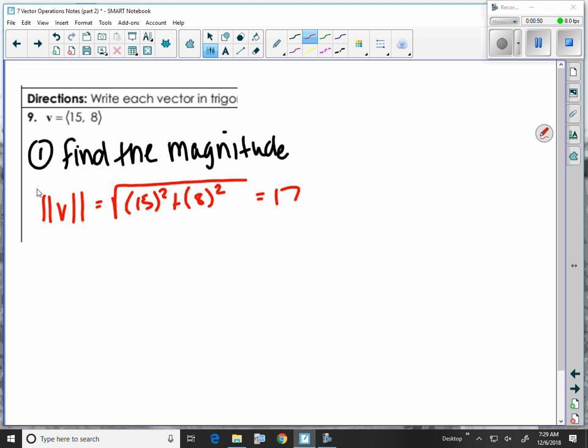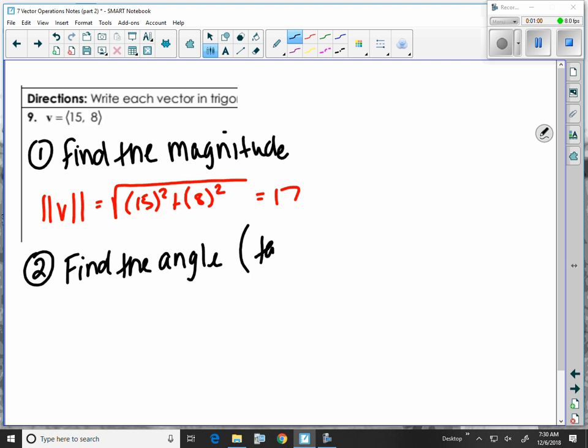Once we have the magnitude, our second step is to find the angle. And that's where we do tangent theta equals b over a. Okay, so that's what we're going to use for that one.